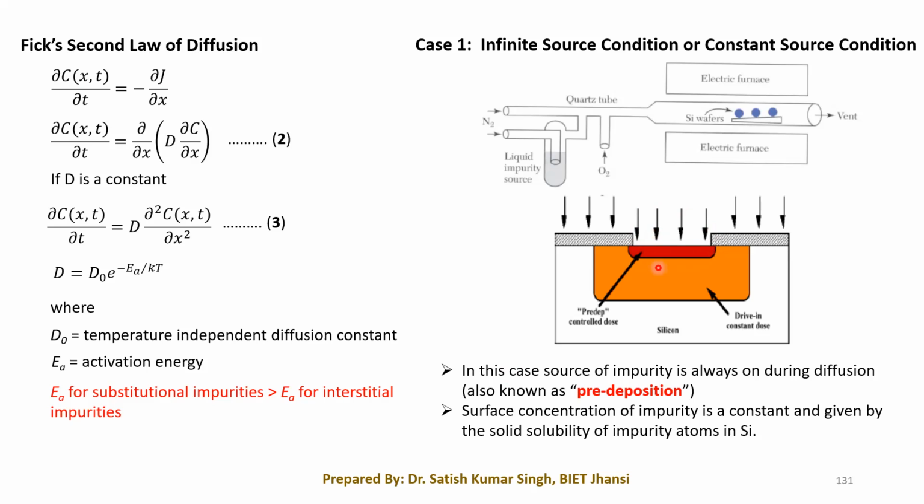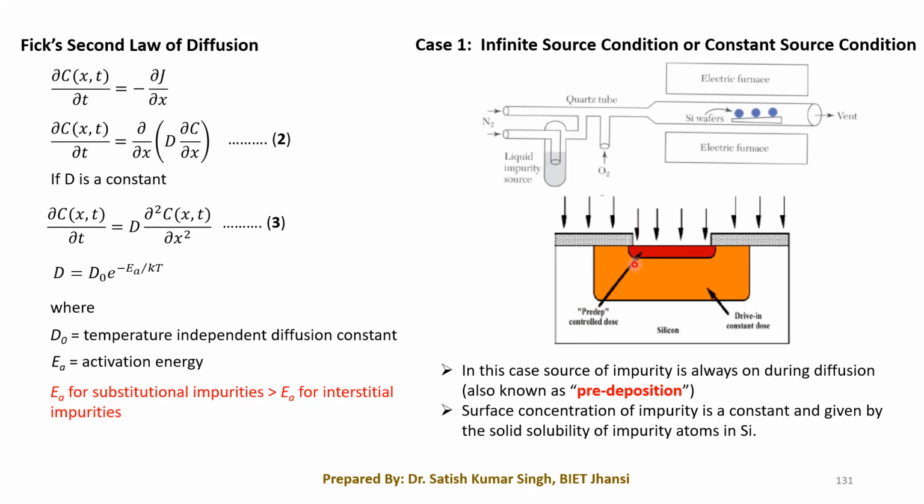Now, keeping this picture in mind, first of all we have to divide this. As I said, the diffusion process is divided into two different cases: the pre-deposition case, and the drive-in step.